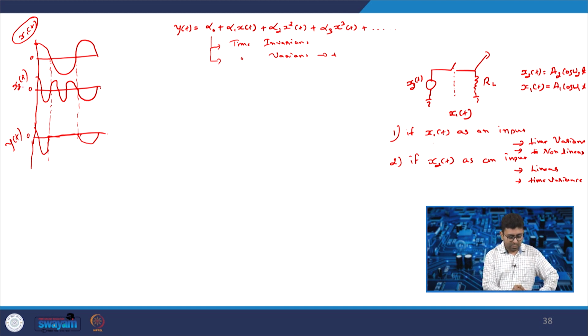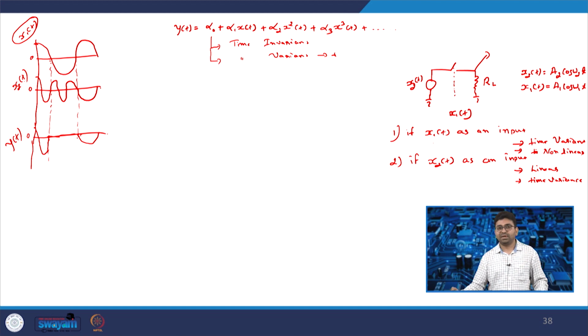Now, when you consider x2(t), this is following the output when it is positive. If you increase the amplitude of x2(t), there is an increase in the amplitude of y(t) as well, but in both cases it is time variant. This kind of circuit we will see in more detail.